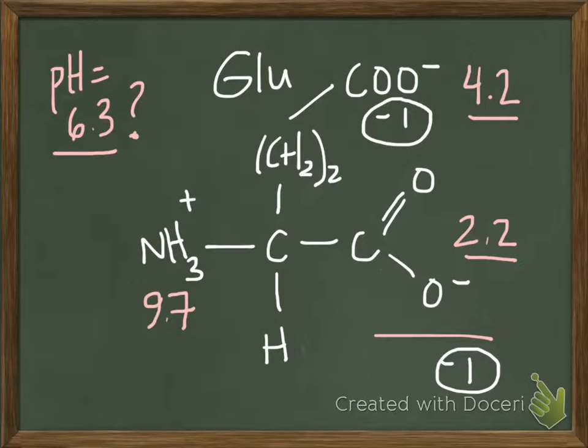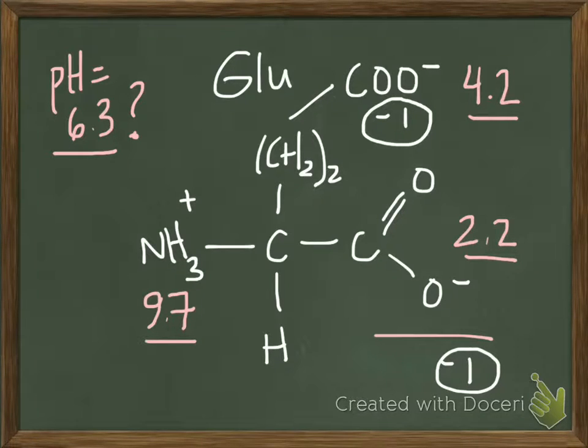Now looking at the third group is the amino group, and that's got a pKa of 9.7. So at 6.3, this group hasn't started deprotonating yet.